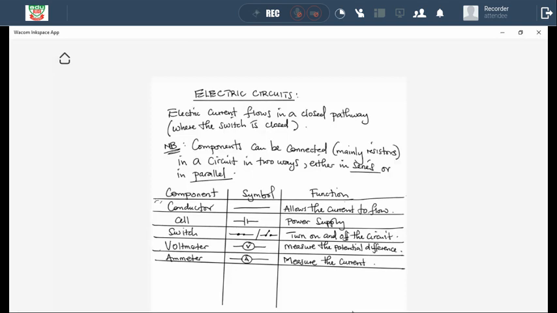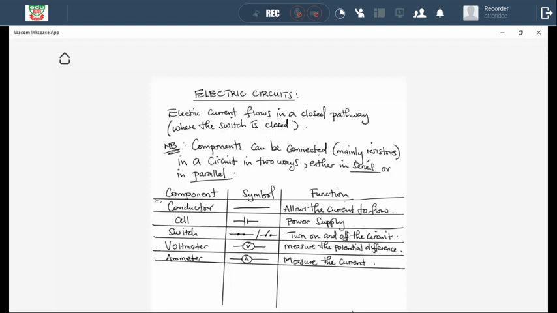It is an instrument that we use to measure the amount of current which flows past any particular point in an electric circuit. Now, unlike a voltmeter, an ammeter has very low resistance, which means it allows current to flow through. So an ammeter does not interfere with the flow of current because it has very low resistance.